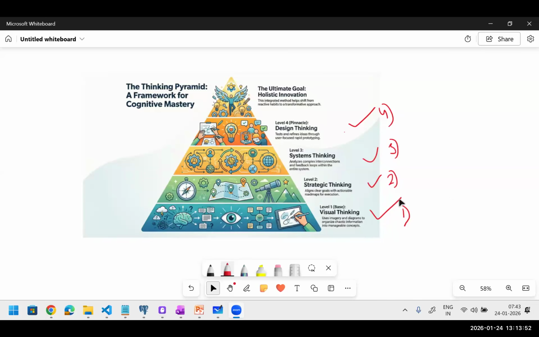So how do you think? First of all, thinking can be visual. Visual thinking means using pictures or images. You don't need to draw anything fancy. For example, a flow chart: this is step one, step two, then this is the condition, then like this, then it ends.